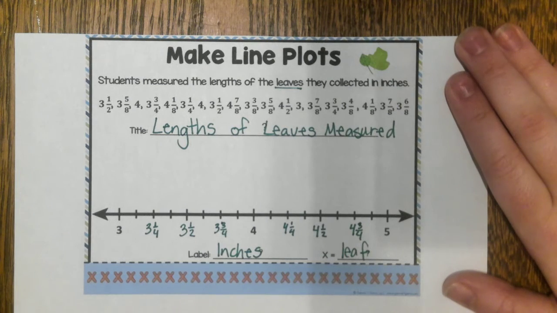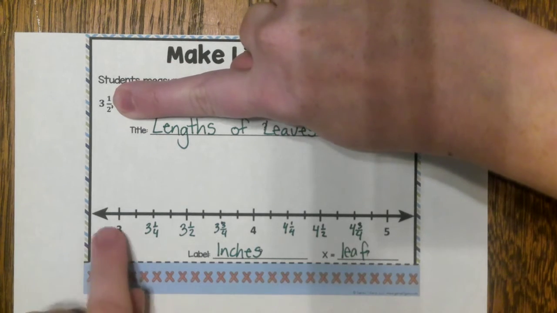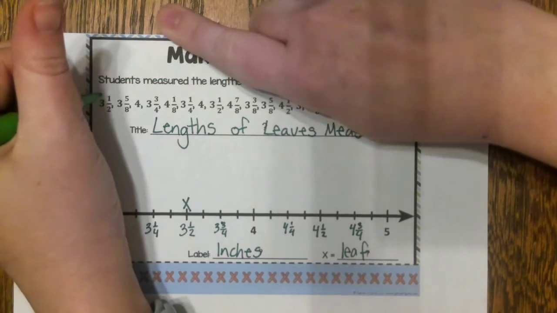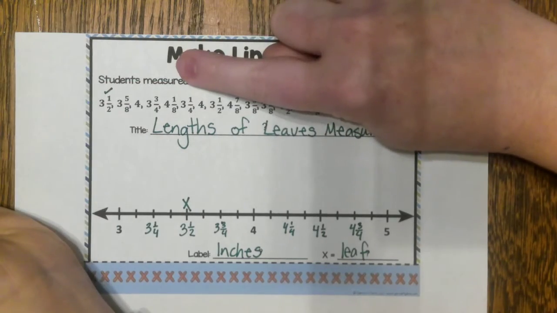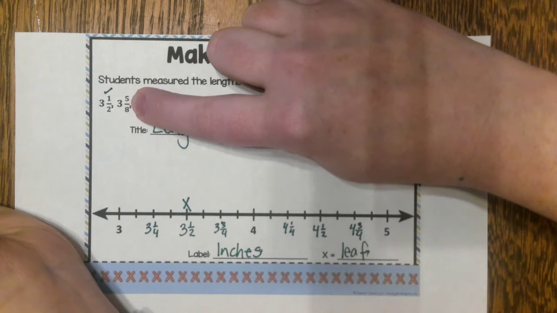Okay, now let's plot my data. I'm going to start at the beginning. 3 and 1/2. Check, I got that one. 3 and 5/8.